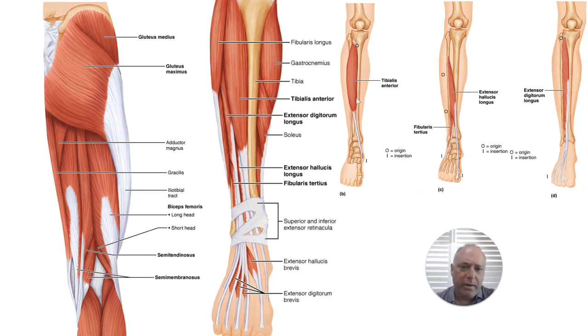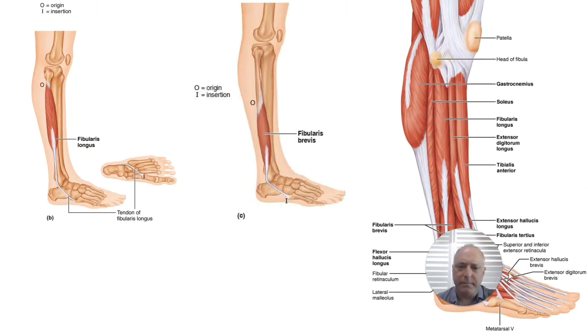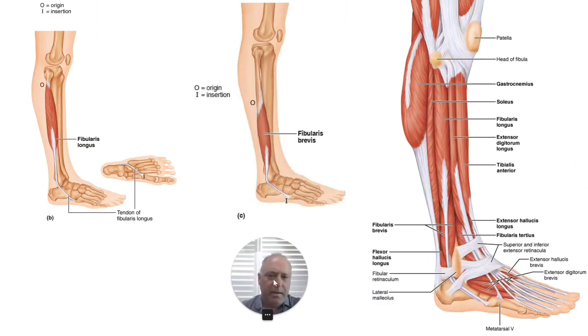So another anterior view shows the tibialis anterior, the extensor hallucis longus, and the extensor digitorum longus. A lateral view shows the fibularis longus and the fibularis brevis.